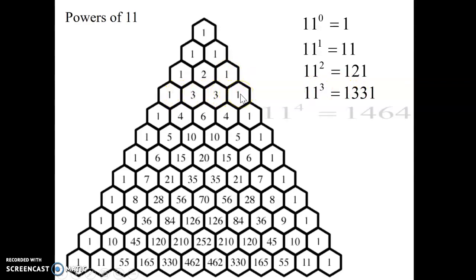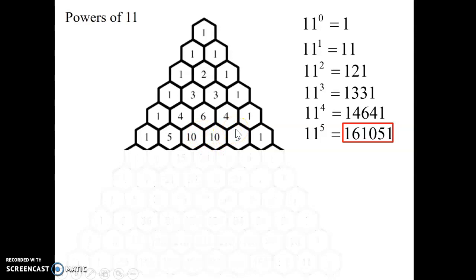So the rows of Pascal's triangle are the powers of 11. Now what happens here though? Because we have 1, 5, 10, 10, 5, 1, so what happens is these kind of collapse, if you will, into 1.